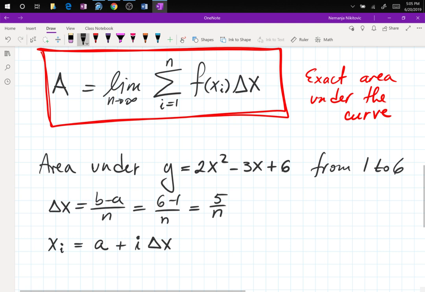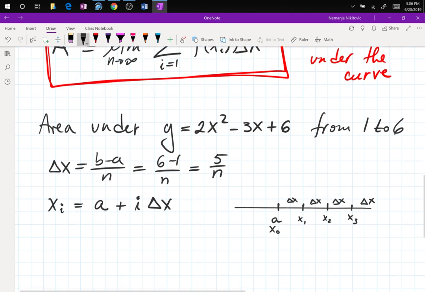To understand this, we can draw the partition. If this is your a, and then you have delta x to get to x1, and another delta x to get to x2, and another delta x to get to x3, and another delta x to go on. Your a is x0 technically.